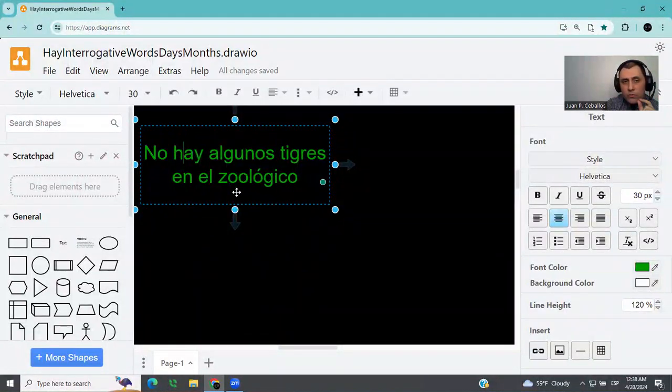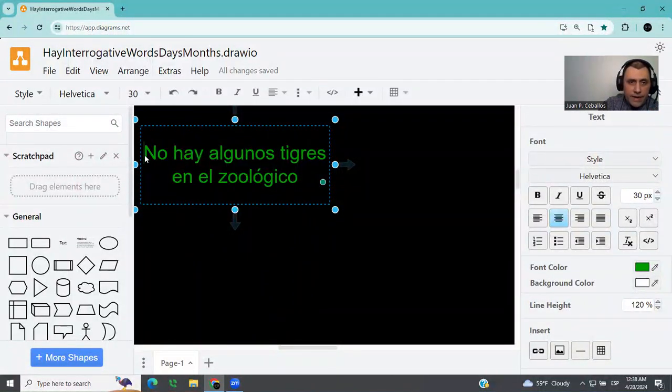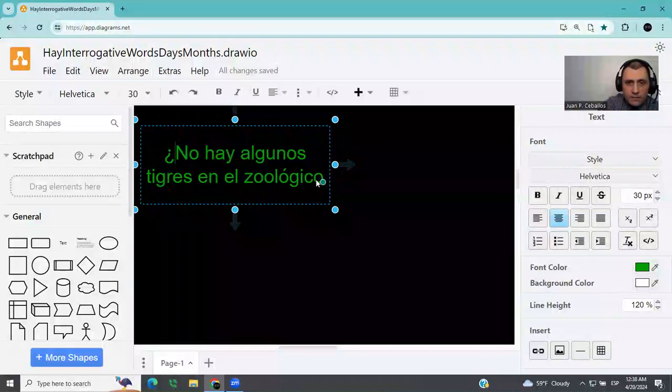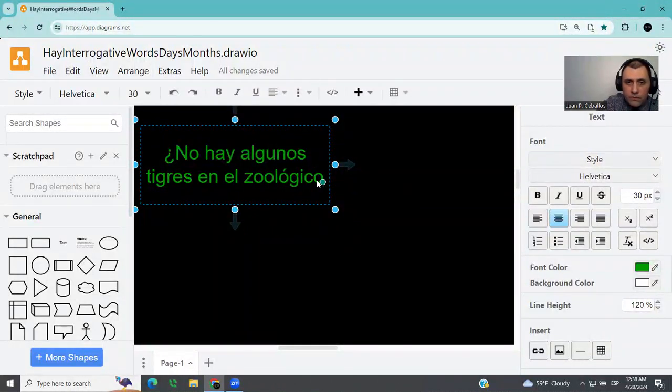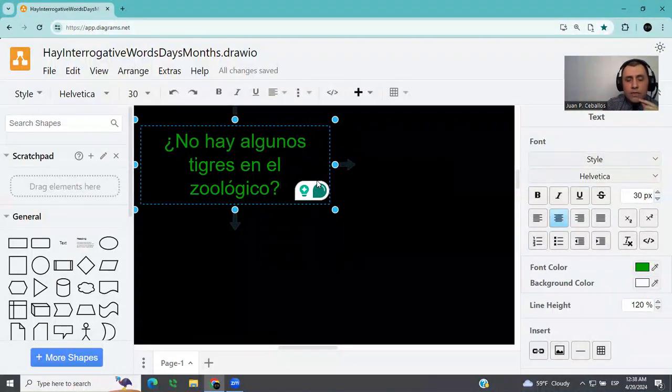That's how you know that a sentence is negative. You can also create a negative interrogative sentence by doing the following. Very simple. ¿No hay algunos tigres en el zoológico? All you have to do is change the tone of your voice.